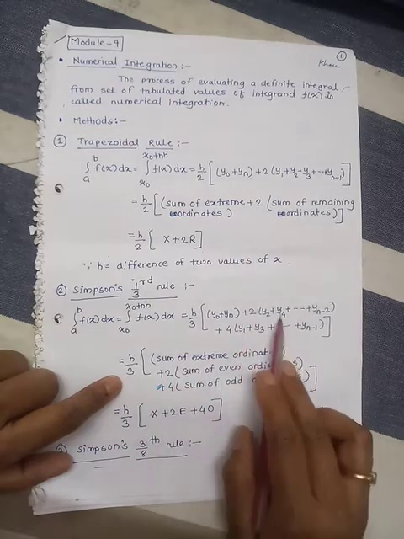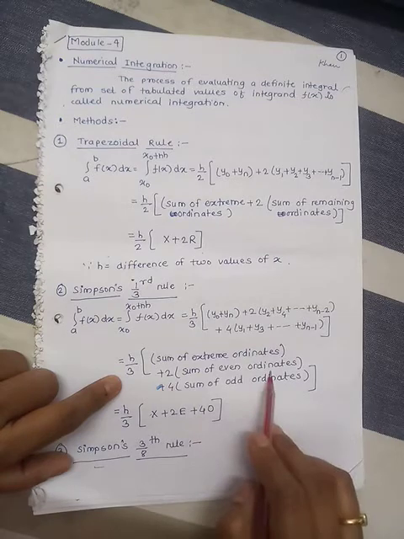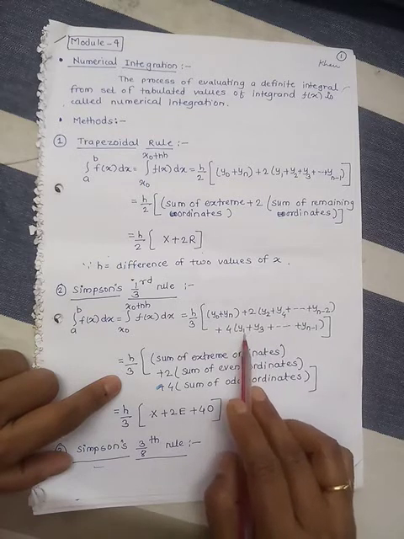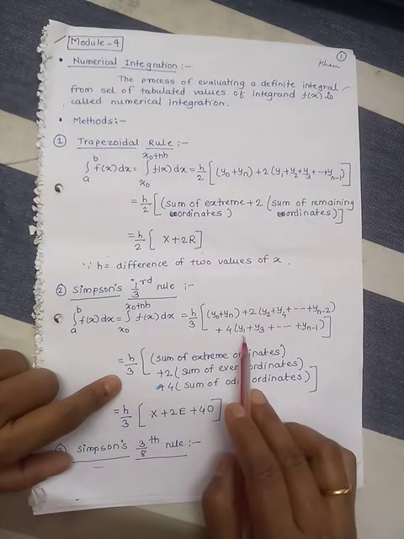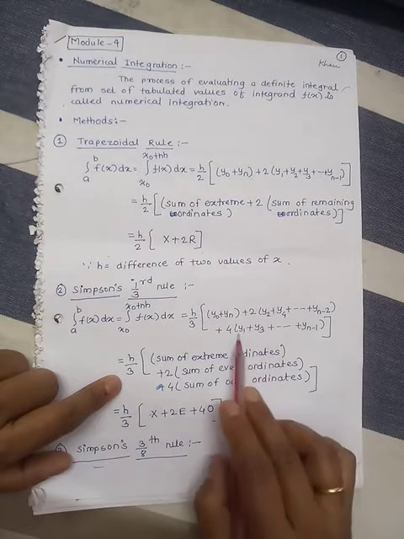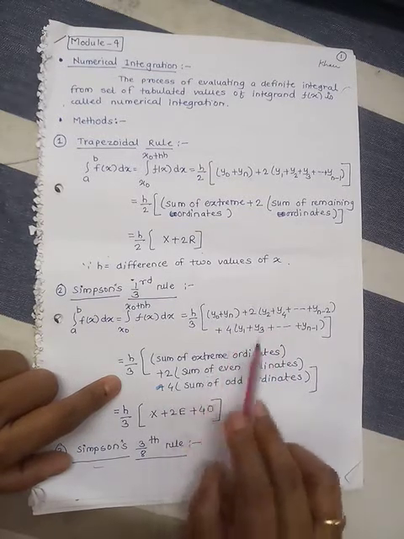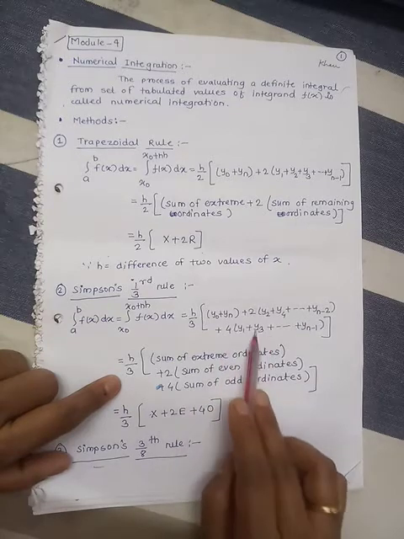So 2 times this bracket is the sum of even y values or even ordinates, plus 4 into the bracket whose suffixes are 1, 3, 5 etc. So 4 into this bracket we can mention as 4 into the sum of odd ordinates.